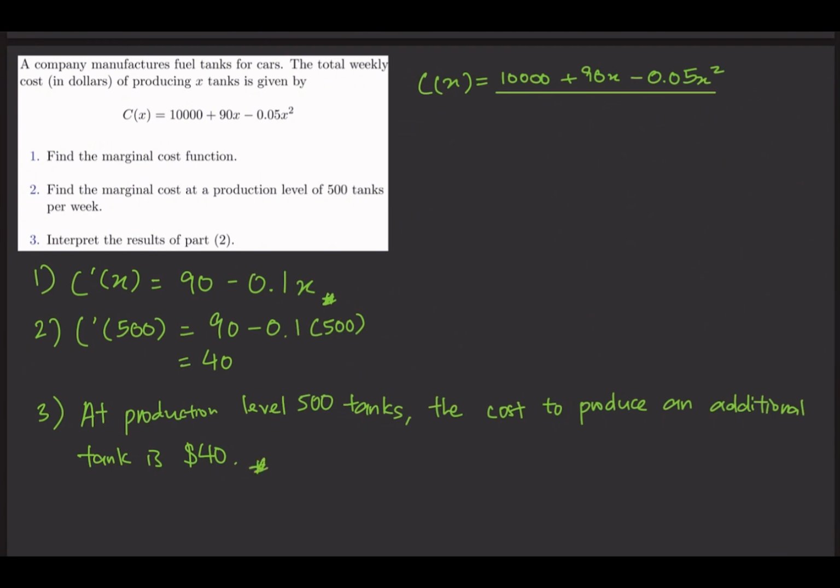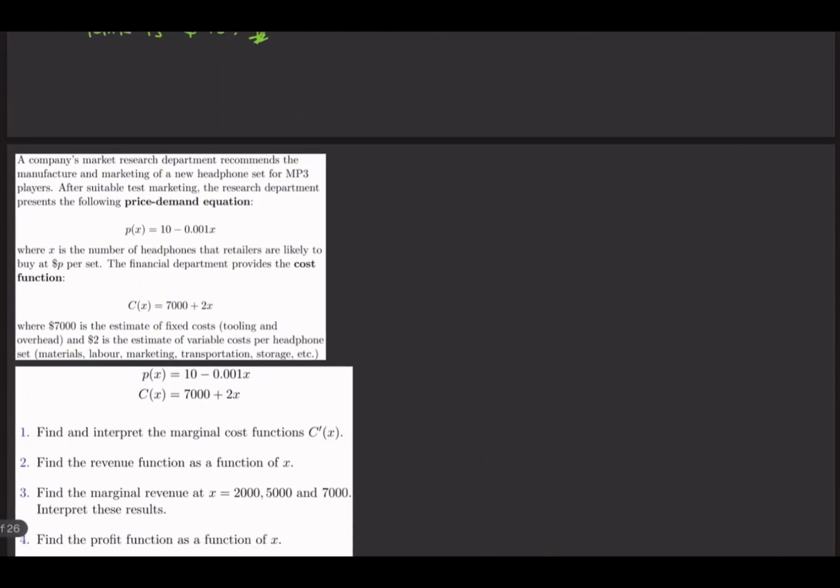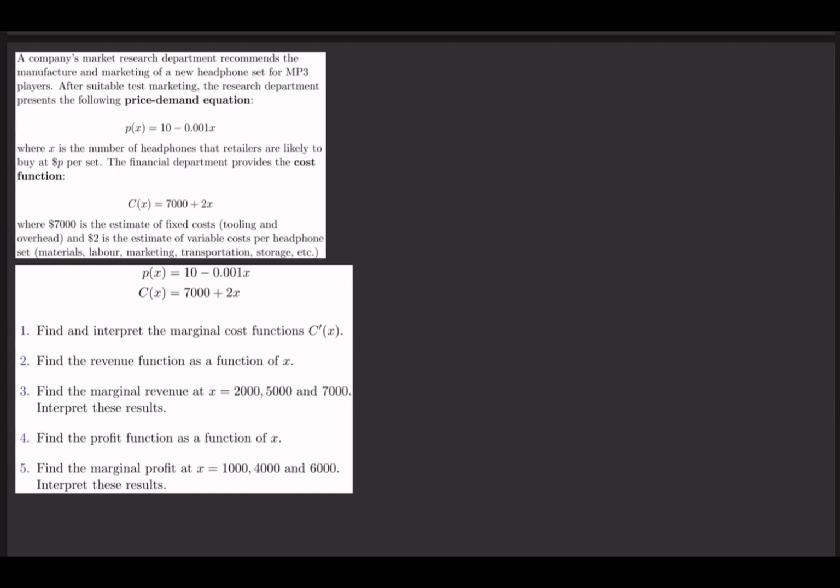And there you go. That's pretty simple. Now, let's move into more complex questions.